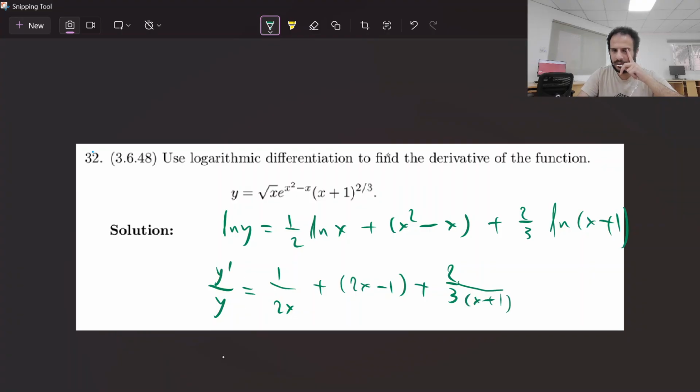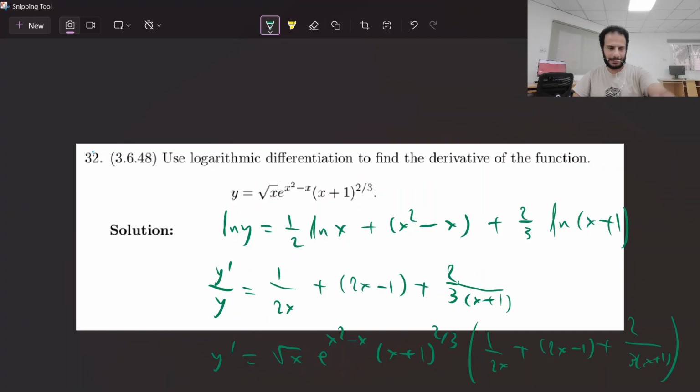Then multiply both sides by y. Y prime equals square root of x e to x squared minus x, x plus 1 to the 2 over 3, times the whole thing that we wrote, 1 over 2x plus 2x minus 1 plus 2 over 3 x plus 1. Good? Yes. Thank you.